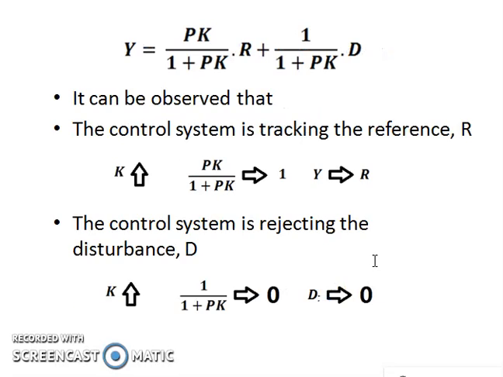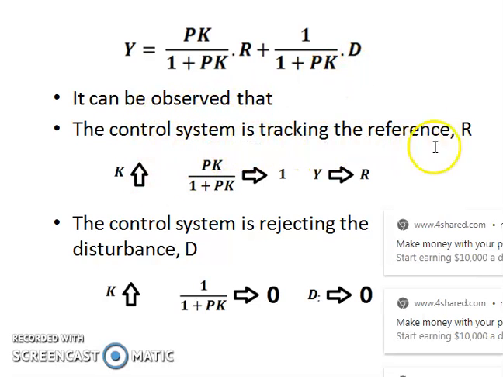Now, what is the significance of this result? Y is equal to PK over 1 plus PK multiplied by R, plus 1 over 1 plus PK multiplied by D. It can be observed that the control system is tracking the reference R, because as K, the control gain, increases, PK over 1 plus PK tends to 1. In other words, this whole coefficient goes to 1, so that Y tends to R. So Y, the output, is tracking the reference.